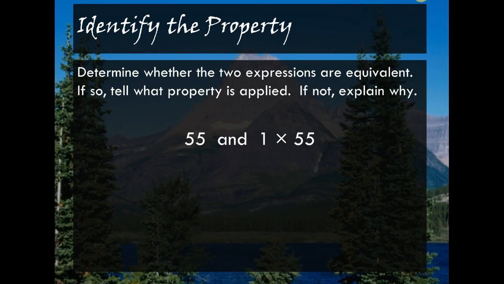In this problem, we have 55 and 1 times 55. 1 times 55 does equal 55, and this is an example of the identity property. Let's examine this problem. 72 divided by 9 equals 8. 9 divided by 72 is 9 over 72, which simplifies to 1/8.